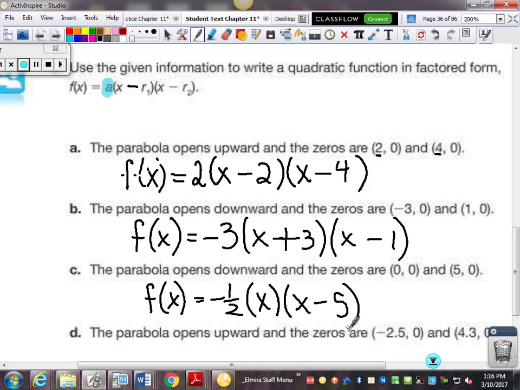I'm going to leave it like that. And in many cases, you'll probably find that they probably won't even draw the first set of parentheses. If there's nothing to add or subtract with the x, they probably won't put them.